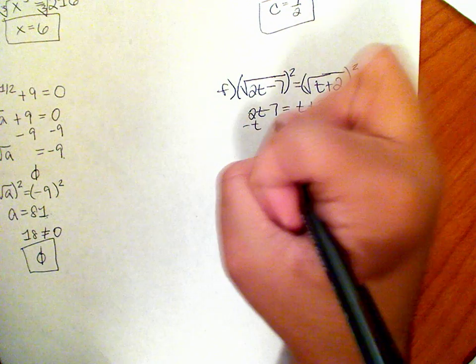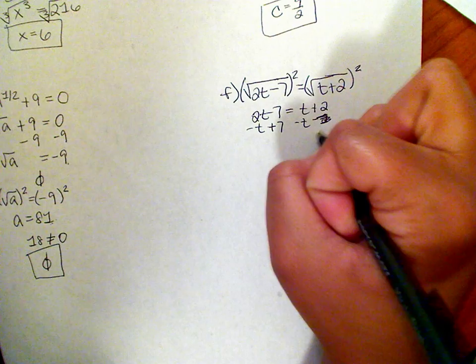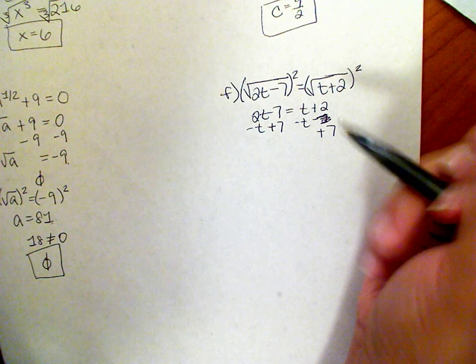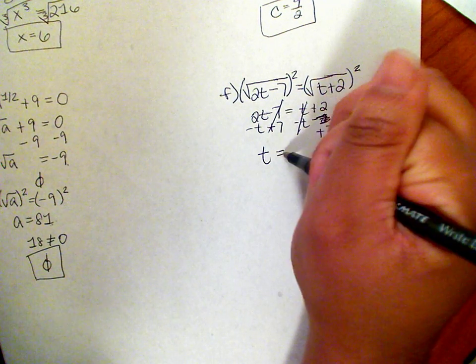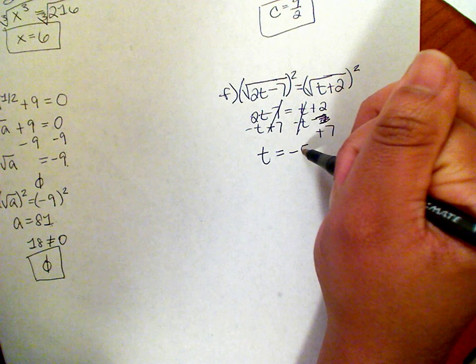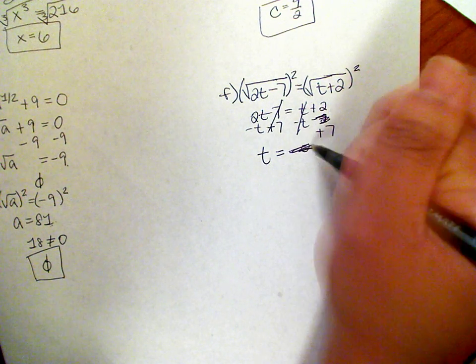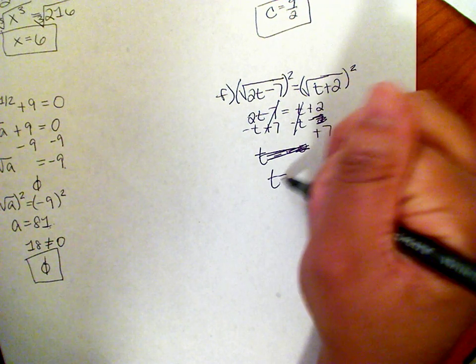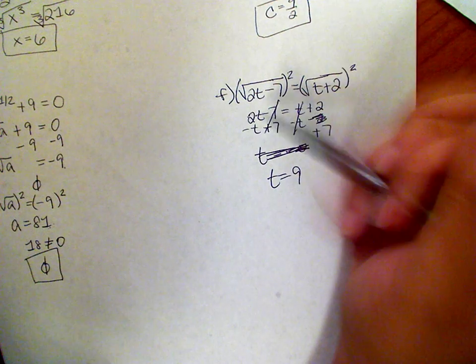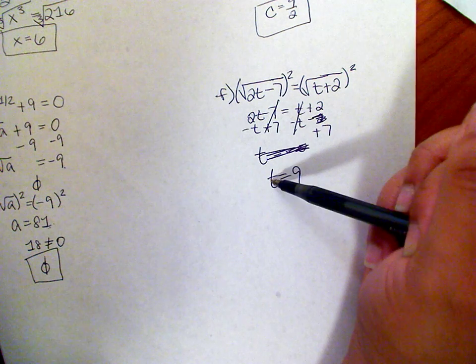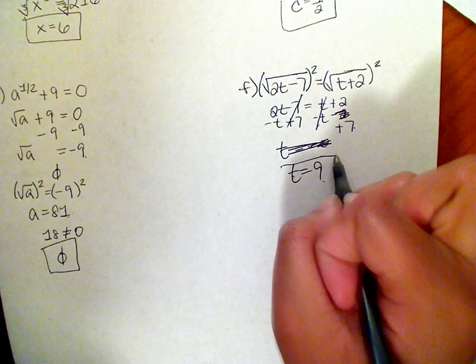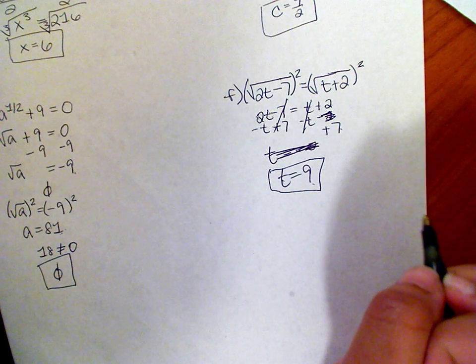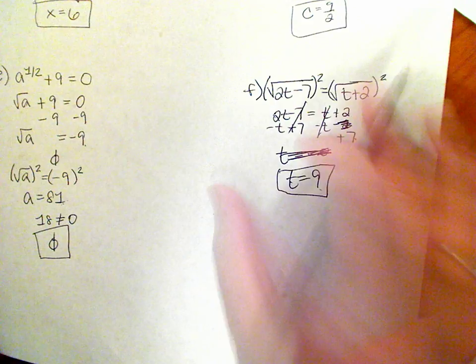We're going to add 7 to both sides. So then t equals 9. So 2t minus t gives us t. 2 plus 7 gives us 9. So t equals 9.